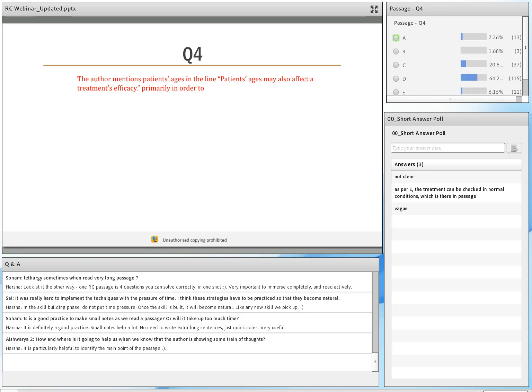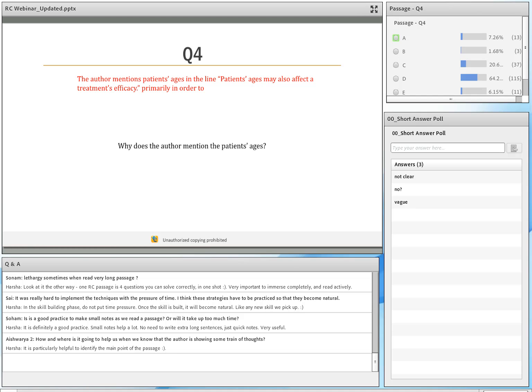Next is a purpose question. It says the author mentions, I'm going to read the questions more carefully now, the author mentions patients' ages may also affect their treatment's efficacy. Why does the author mention patients' age? Because it says here's one of the ways in which, when you enroll a broad range of patients, you can really get the benefits of it.